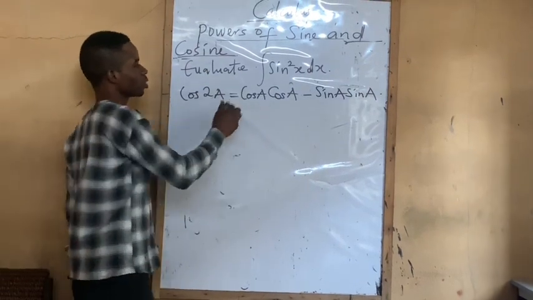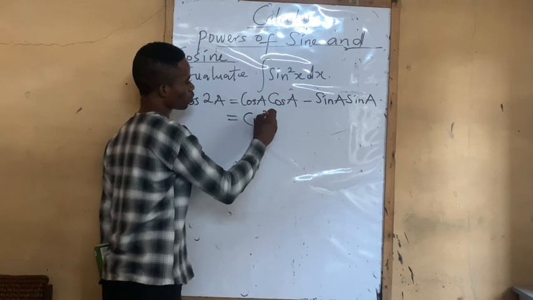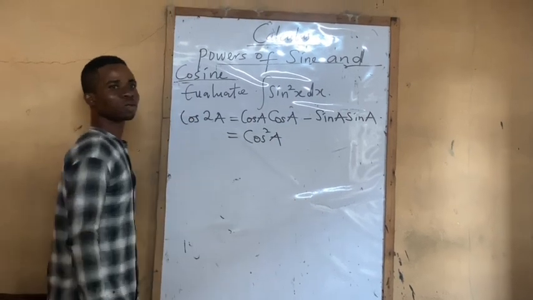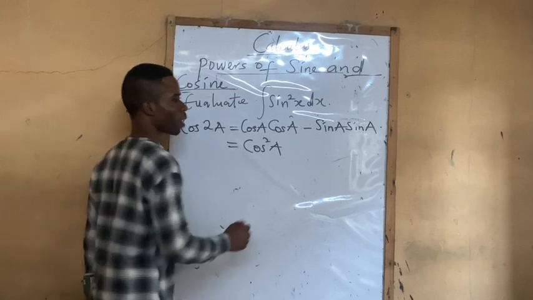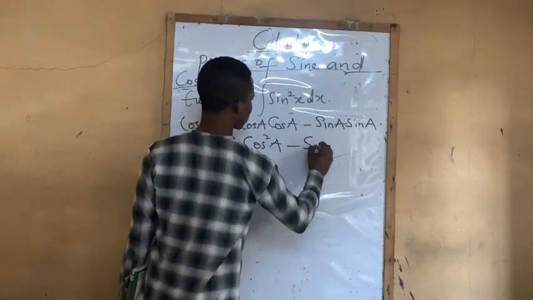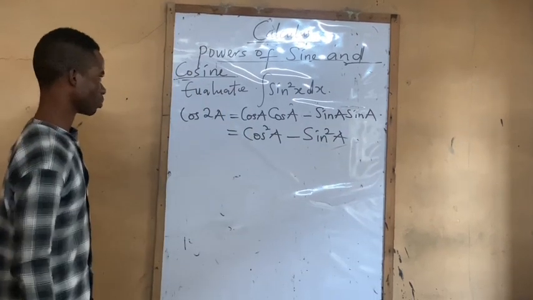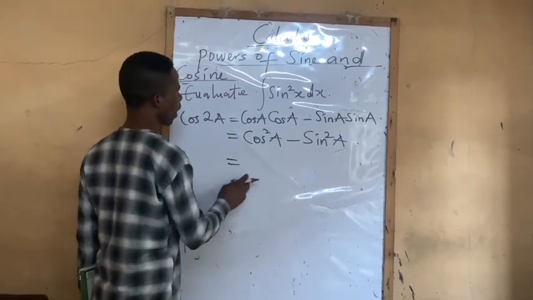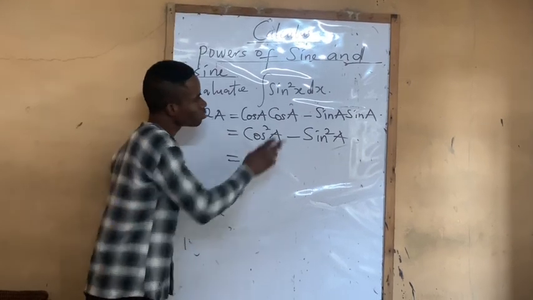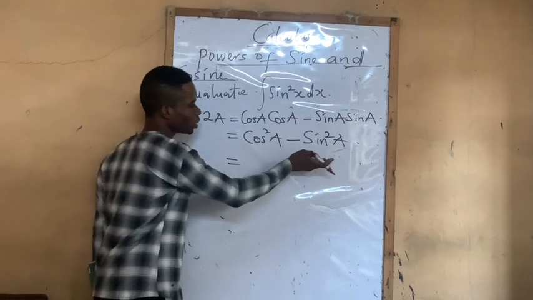So that means cos a times cos a, that is cos square a, minus sine a times sine a, that is sine square a. Because I'm working towards this, I need to let this one stay.